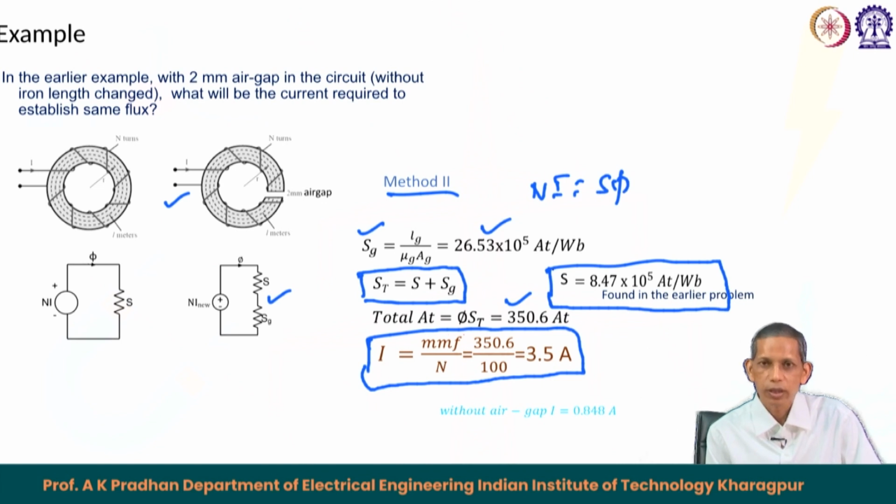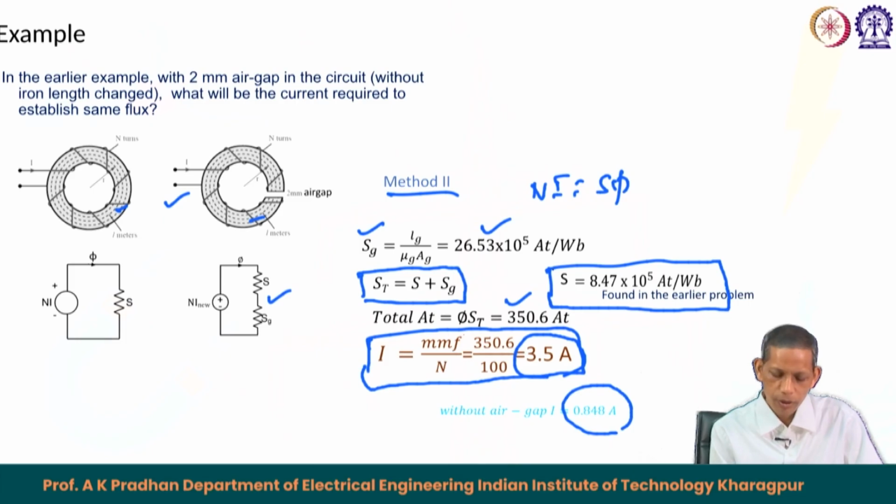So, as compared to the earlier case of the same flux 0.1 milliweber in the core, and the subsequent case of the same flux 0.1 milliweber in the core and the air gap, with the introduction of the air gap the current requirement becomes 3.506 ampere as compared to 0.848 ampere.